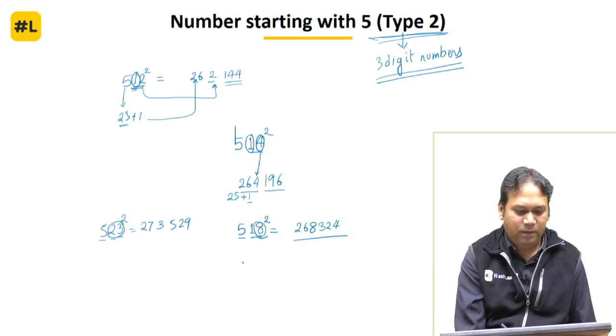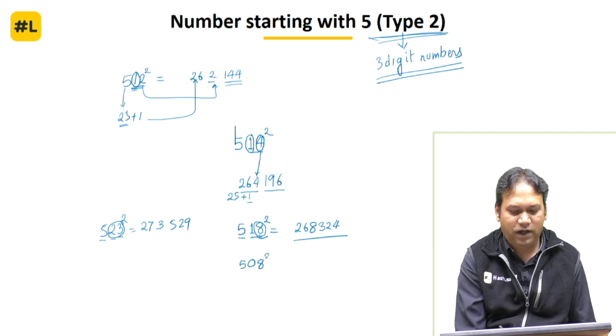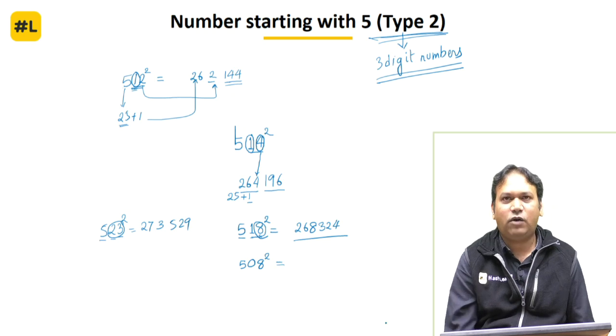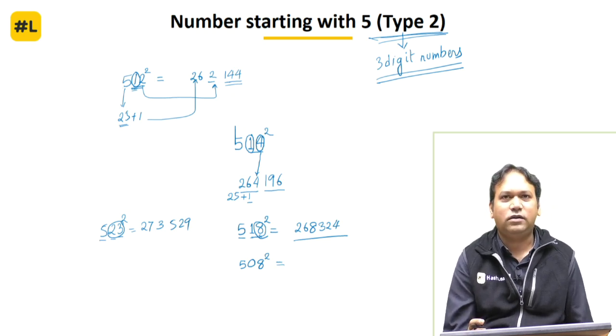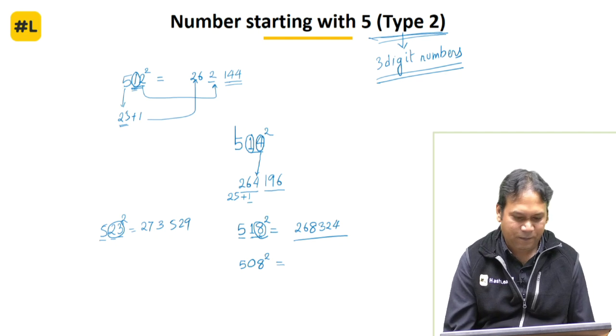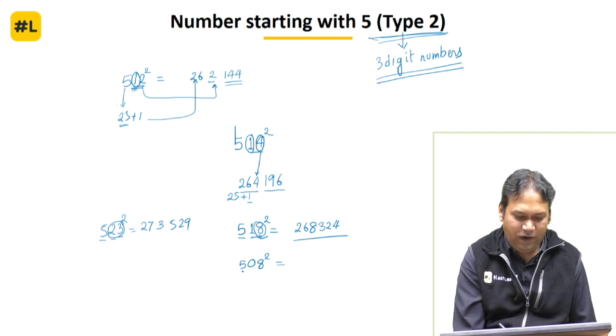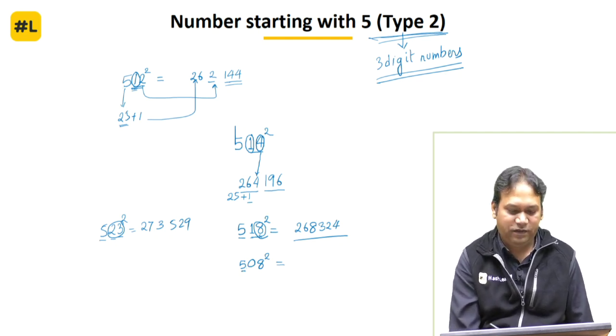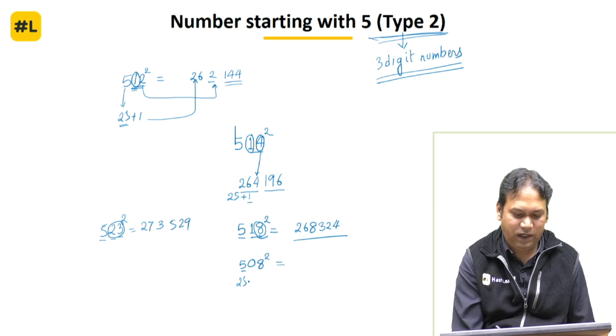Now tell me, what will be 508 square? The answer is 258064. So listen carefully now. What we have to do here? 5 square is 25, plus the number next to 5.